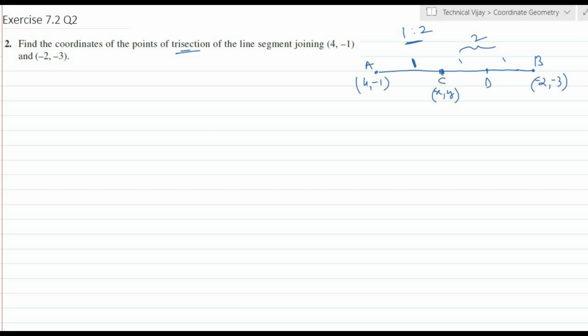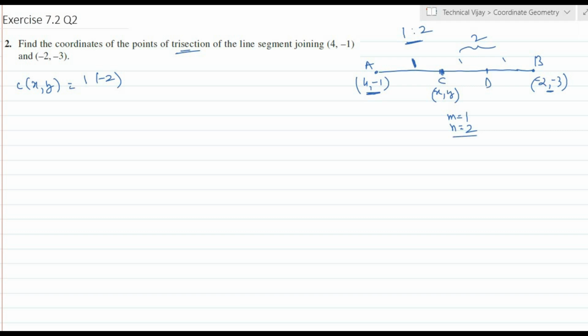So for C coordinates, that is C (x, y) is equal to, here the x coordinate means m into x2. Here x1 y1 is this one and x2 y2 is this one. Here m is equal to 1, n is equal to 2.